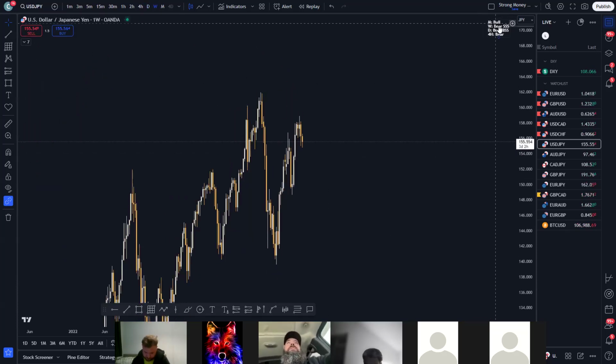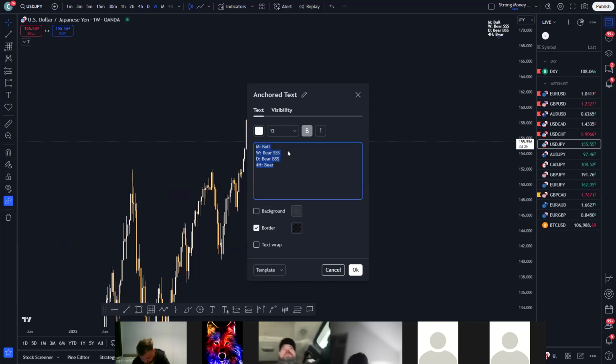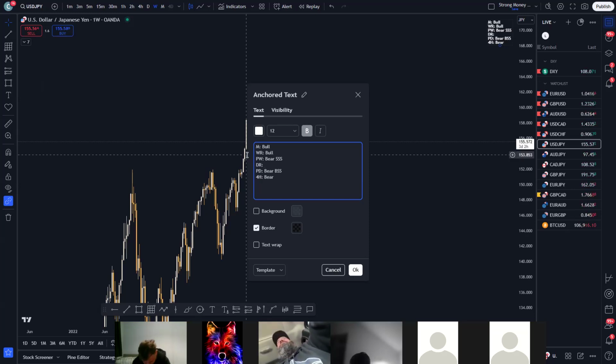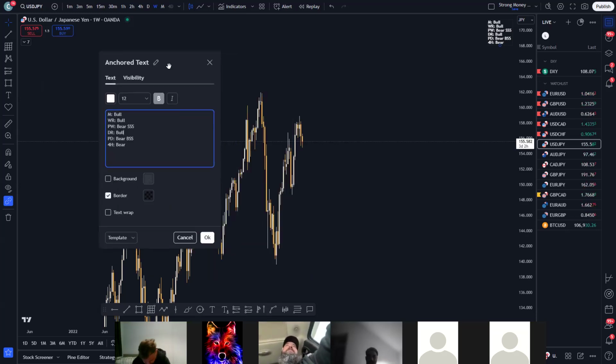Weekly range bullish. Well, previous week, previous day, daily range bullish. This is confusing. Monthly candle was bullish. Weekly range is bullish. Bearish. Previous week was bearish, but with the sell side sweep, so that's a bull signal.